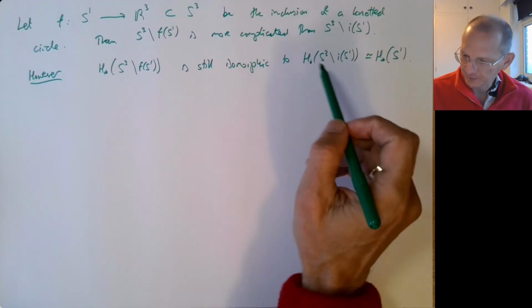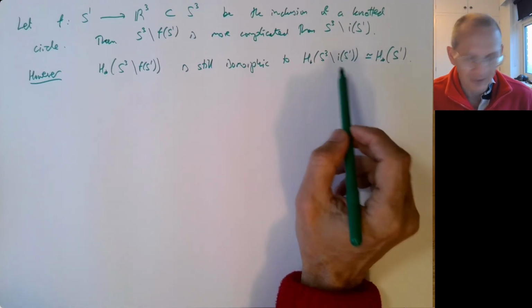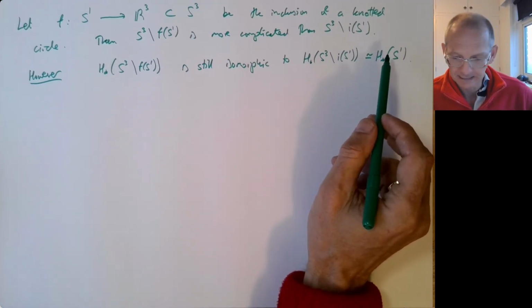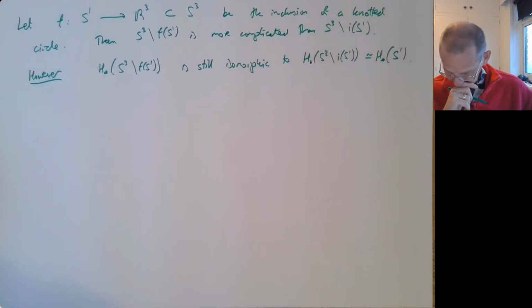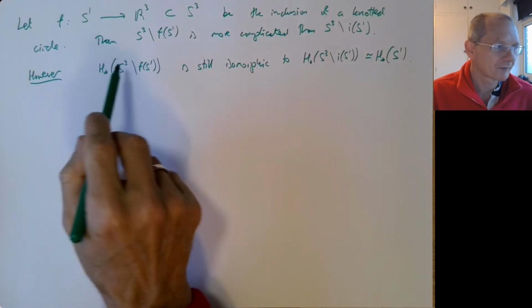So as we've said, for the unknotted thing you just get the homology of S^1. And the claim is we still get the homology of S^1, even though this space is more complicated.